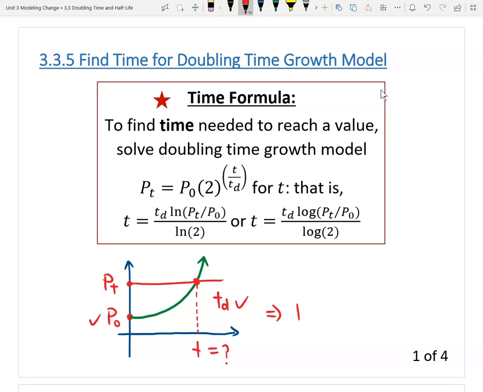How do you find the time the model needs to reach the future value PT? Of course, this PT should be given. Where is the formula? We just use either this one or this one. I will prove this formula at the end of this video. But first, we need to practice this formula.